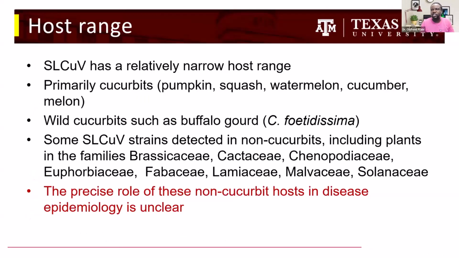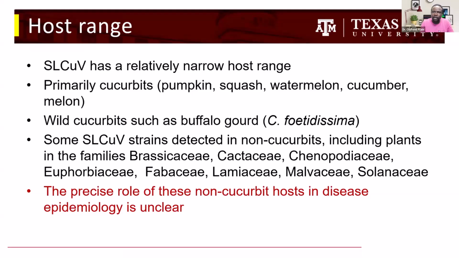So in terms of the host range, relative to some other begomoviruses like tomato yellow leaf curl, for instance, it's fair to say that the host range of squash leaf curl virus is fairly narrow. It's primarily in the cucurbits, the ones I've mentioned: pumpkins, cucumber, squash, watermelon, melons, but also wild relatives of those cucurbits.